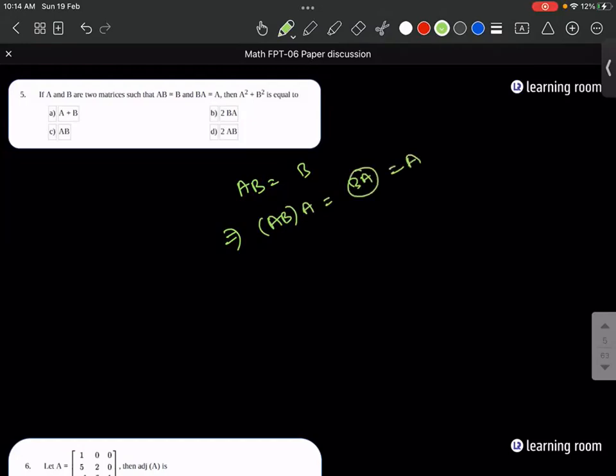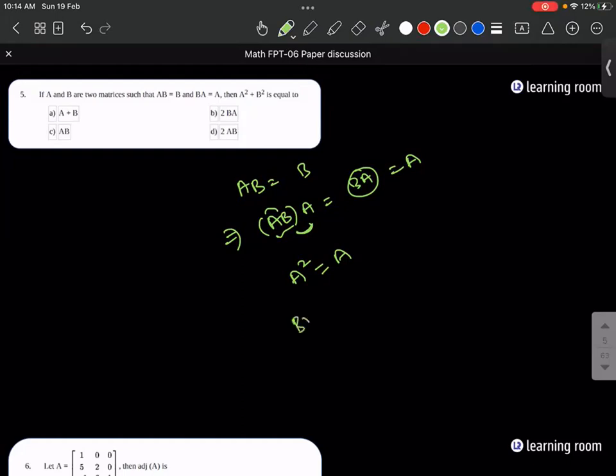BA is A. So AB into A, where AB is B, gives BA, which is equal to A. But we know that B into A is again A. So can I say A square is A?